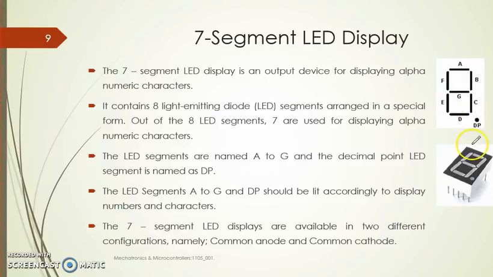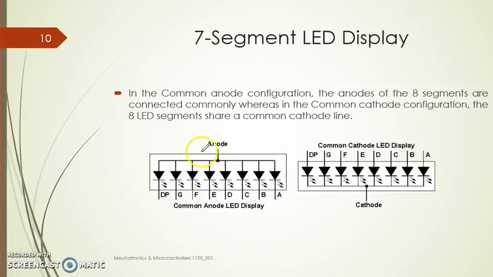So if you would like to display something on this, then these LEDs should be enabled. It is available in two different configurations, common anode and common cathode. Let us see what these configurations are. In the common anode configuration, all the anodes of the 8 segments are connected commonly, whereas in common cathode, all the cathodes are connected in a common fashion.